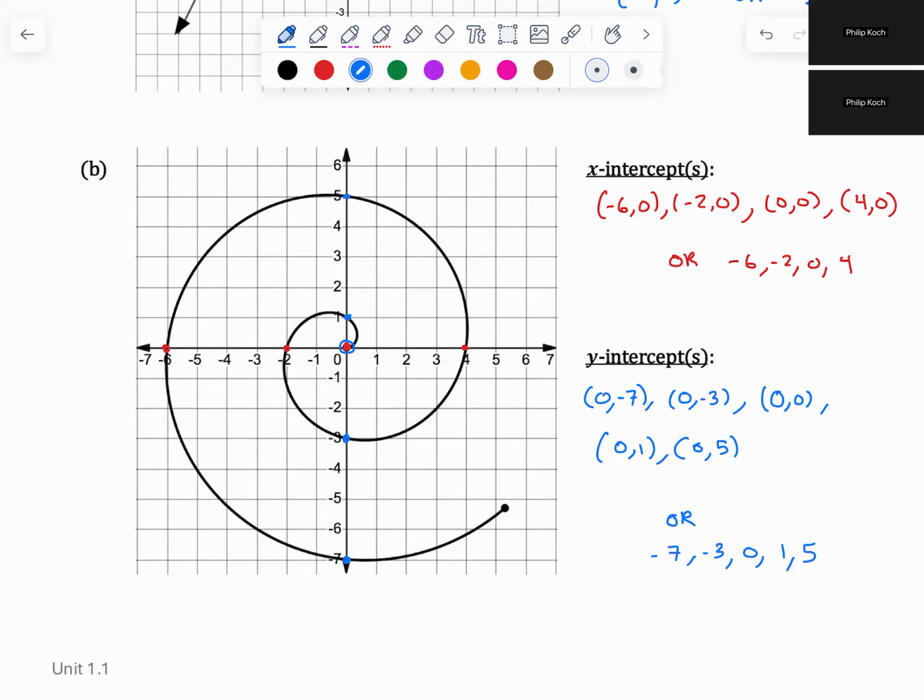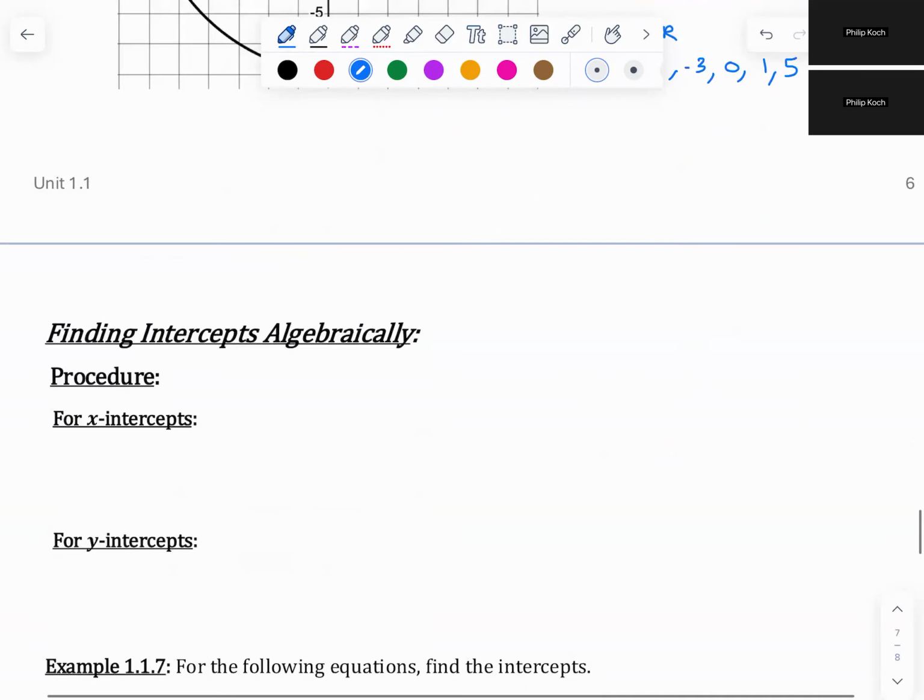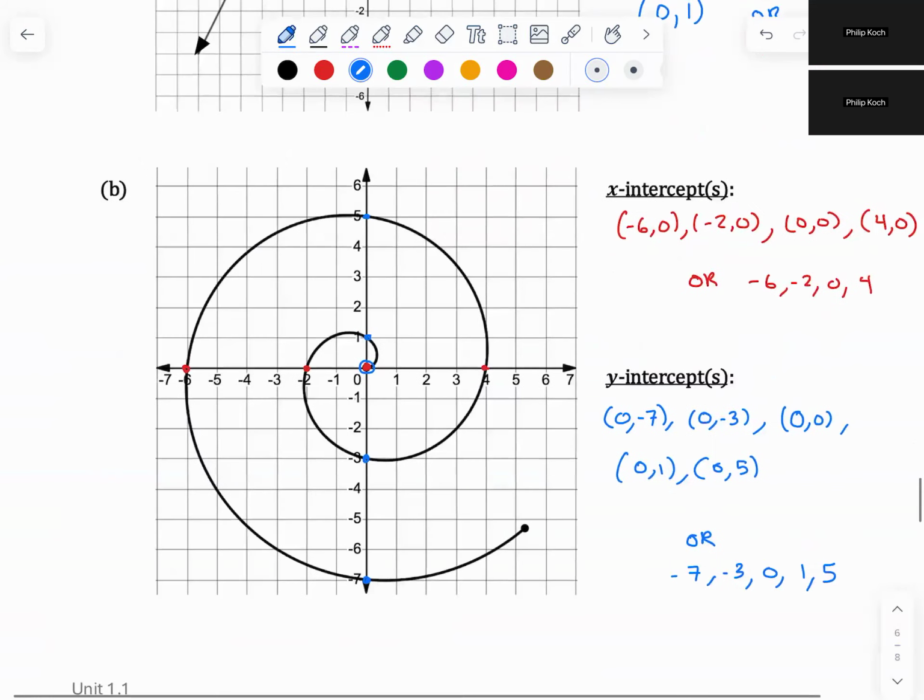The reason why I like to write them as coordinate points is because it really highlights an important feature. As I said earlier, the graphs of equations are precisely the places that make them true. And so when it comes to trying to find them algebraically, you know what one of the coordinates will be. For an x-intercept, it's where it crosses the x-axis, and that's precisely where y is equal to 0.